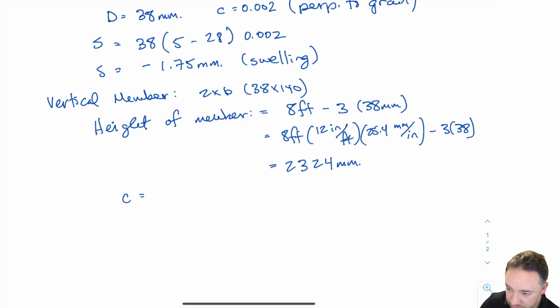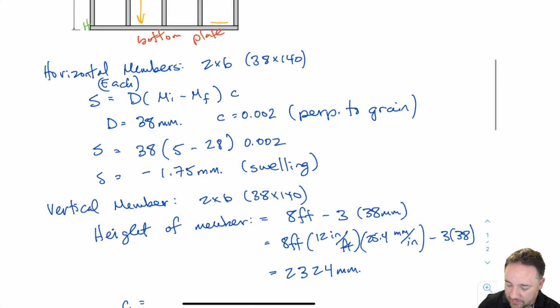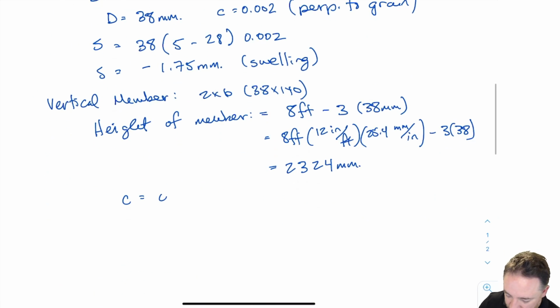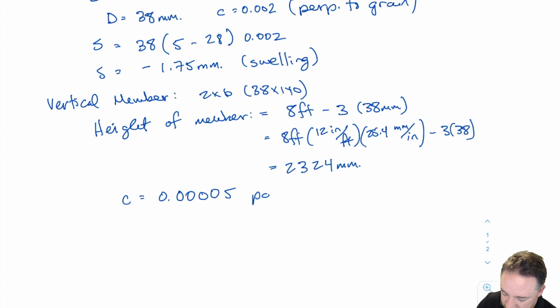Now that I know the height of the member, I can calculate the shrinkage as long as I use the right coefficient. Since it's longitudinal shrinkage, the member is shrinking along its own length, so it's in the grain direction, parallel to grain. I'm going to use 0.00005 because that's the parallel to grain shrinkage coefficient.